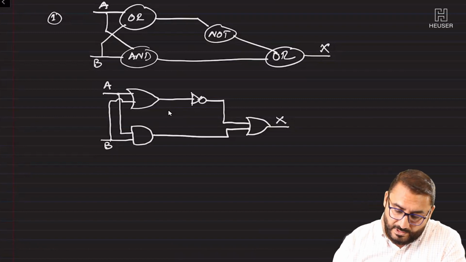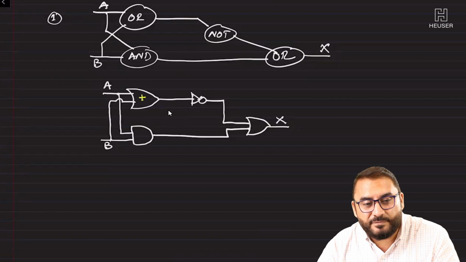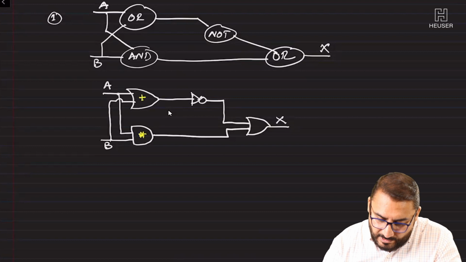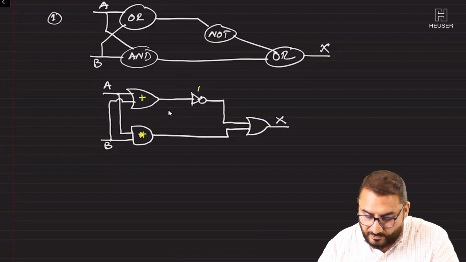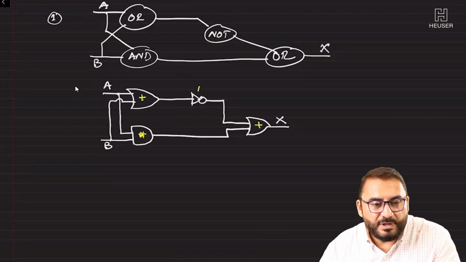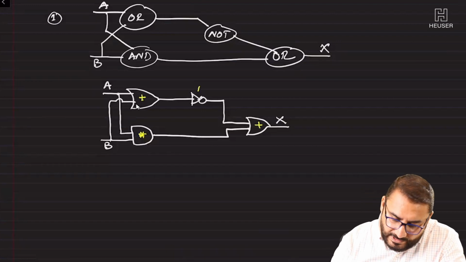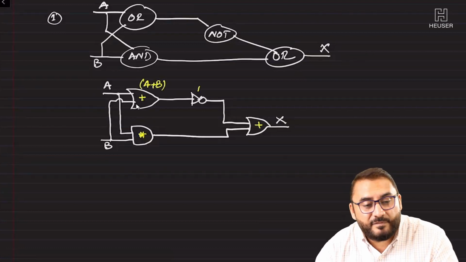So let's see. So this is basically the OR gate. Whatever that I'm writing in yellow is rough work. This is the AND gate represented using multiplication. This is the NOT gate, which is using basically an inverse or prime, and this is the OR gate. So what actually happens, look at the board, is that A is being added to B. So this is A plus B. Remember to put a parenthesis, a small bracket after each and every gate.